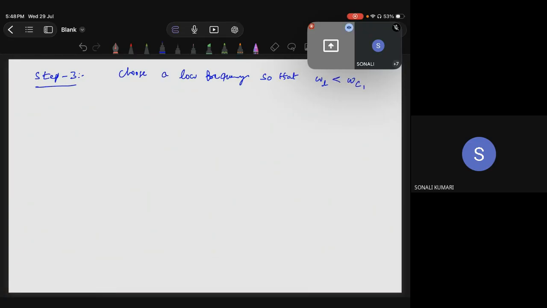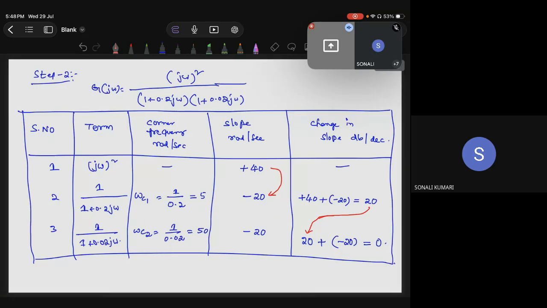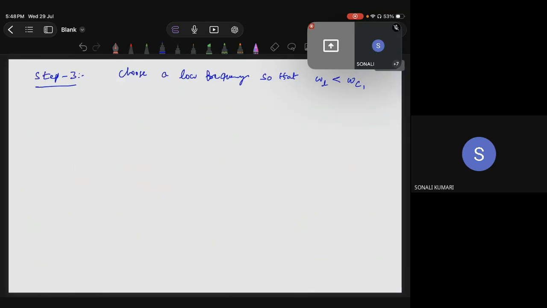You are simply choosing one frequency which is very much less than omega C1. What we have is omega C1 is 5, so you take something like, let omega L be, let's say, 0.5. So the lesser frequency. I hope this should be clear.